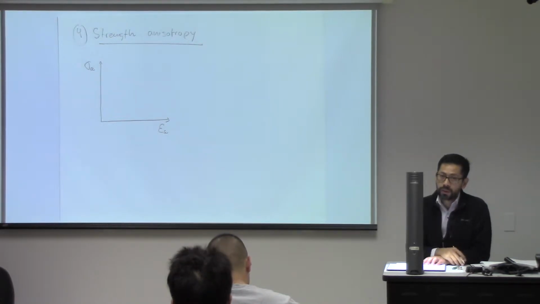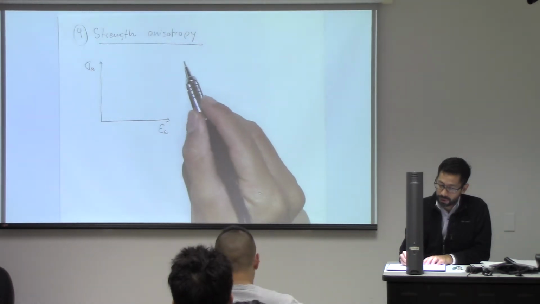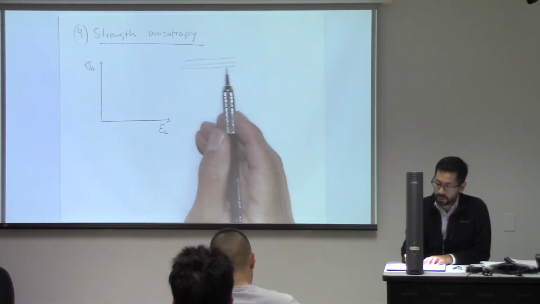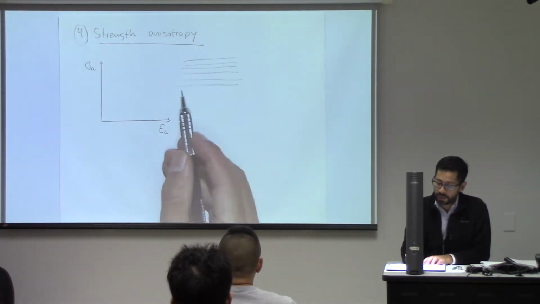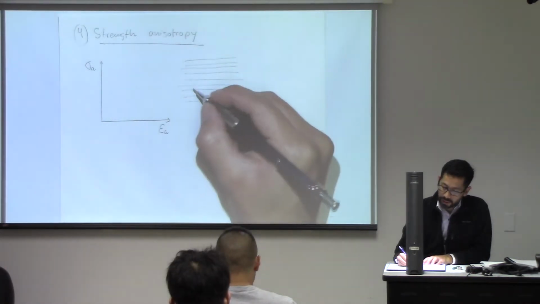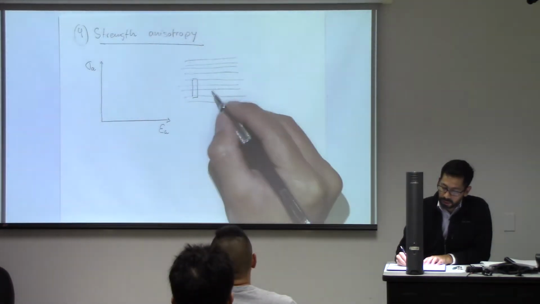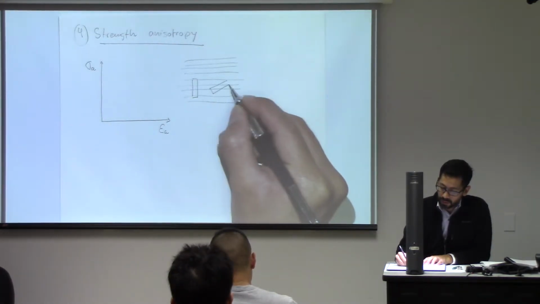Rocks, as we know, they are not isotropic. Usually, when you go into a sedimentary rock, you have layers because this is the process of sedimentation. And it's not the same if you take a rock in this direction or if you were to take a rock at an angle.